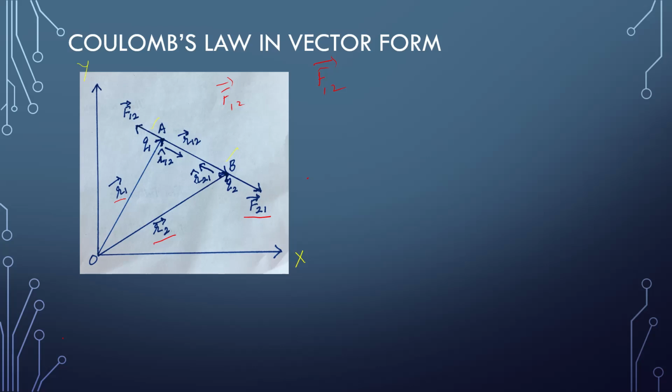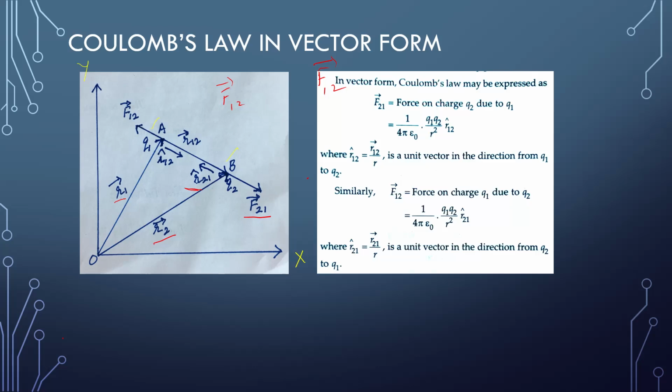When we are talking about the force on the charge Q2 due to the charge Q1, we will be talking about the unit vector which is directed from Q1 to Q2, and when we talk about the force on the charge Q1 due to Q2, we will be talking about the unit vector directed from Q2 to Q1. So that is r cap 21, that will be our unit vector 21, and the other will be our unit vector 12.